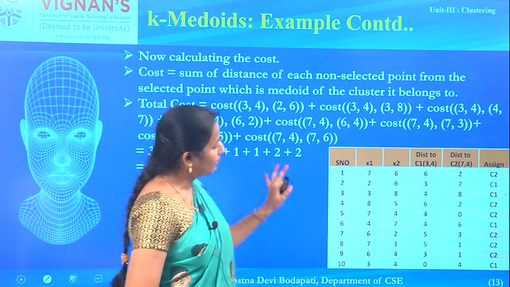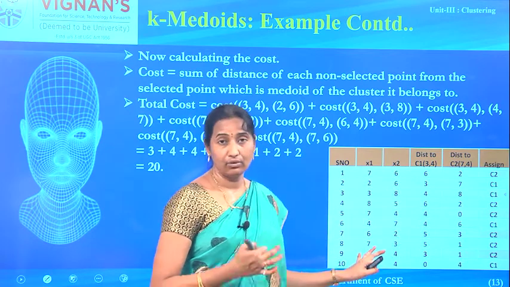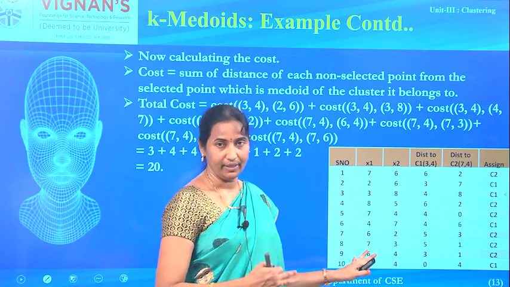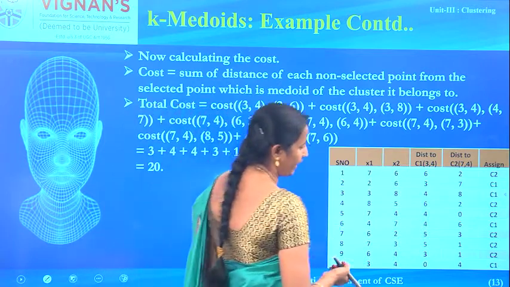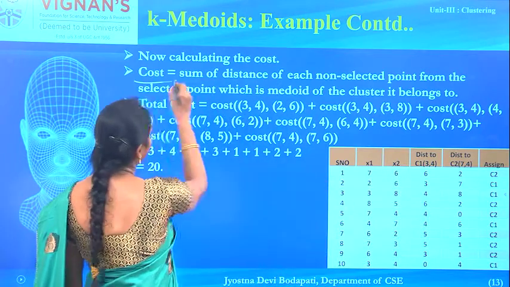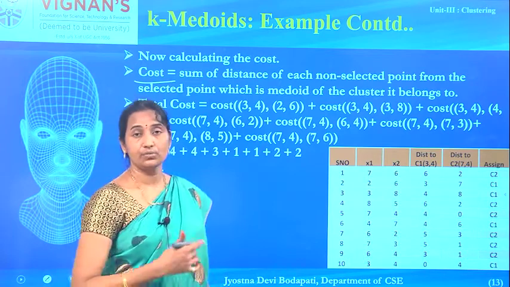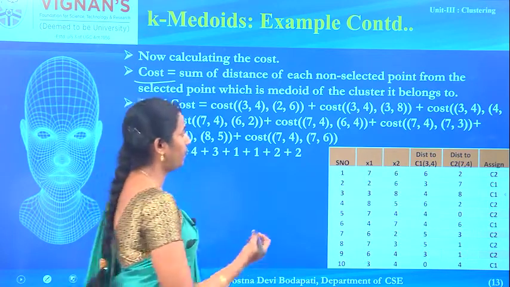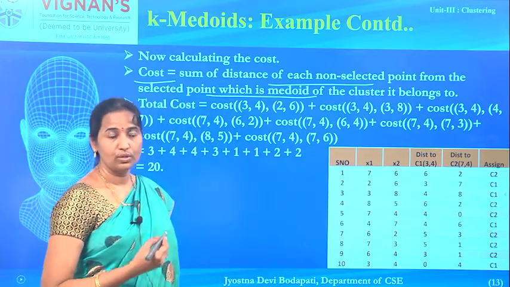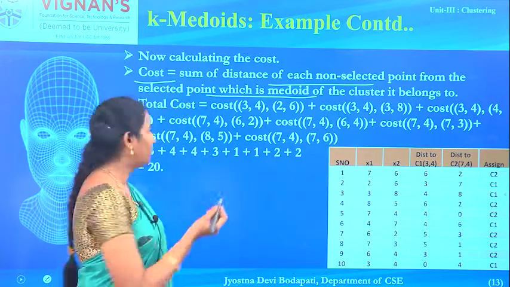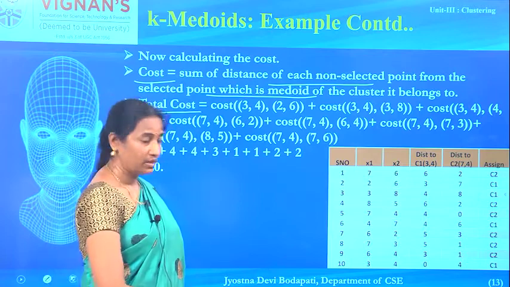So with this assignment, what is the cost that is involved? That you need to identify. How do we identify that cost? The cost can be identified as the sum of the distances from the non-selected data points to the selected data points. The summation of that value will become your total cost. Now let's see.